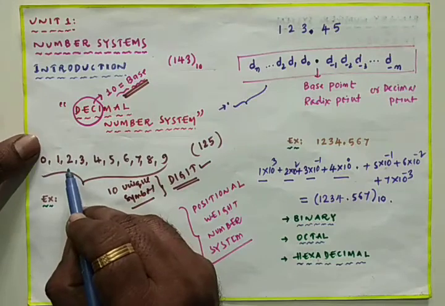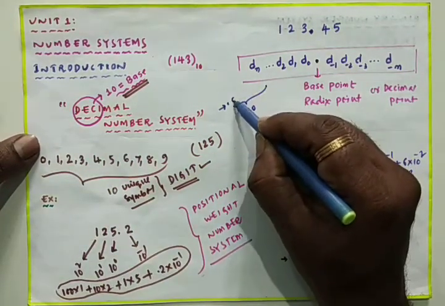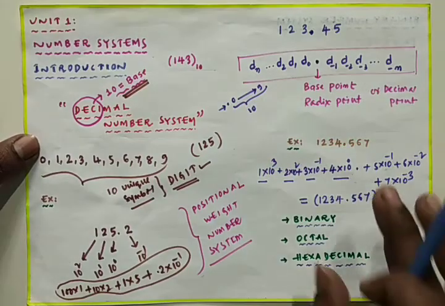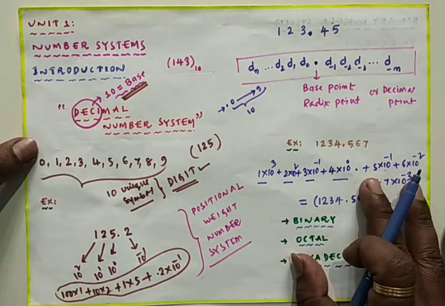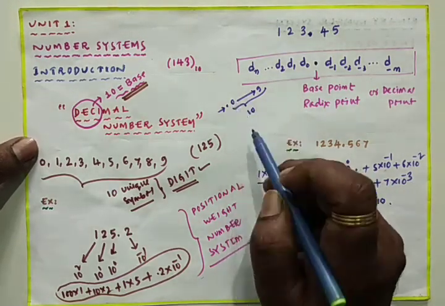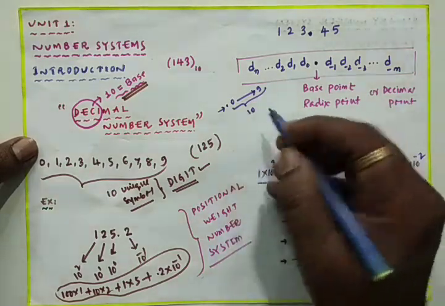If you go with the decimal number system, it has 10 digits, and these digits are from 0 to 9. First point: if you are going to study any number system, first we should know how many digits there are in that number system and what those digits are.